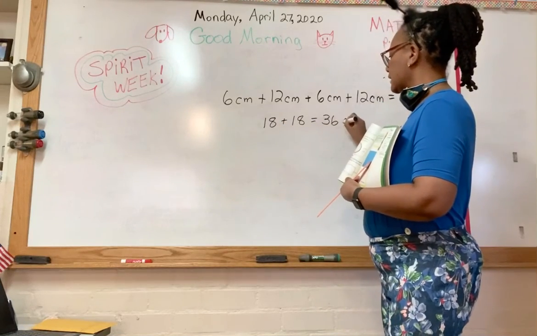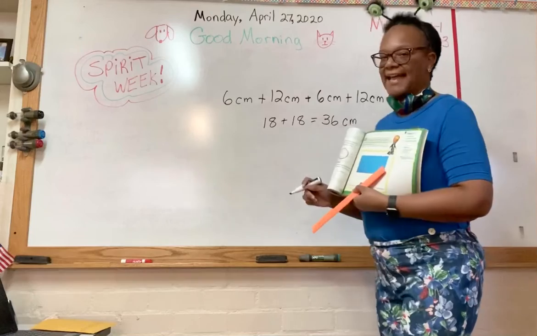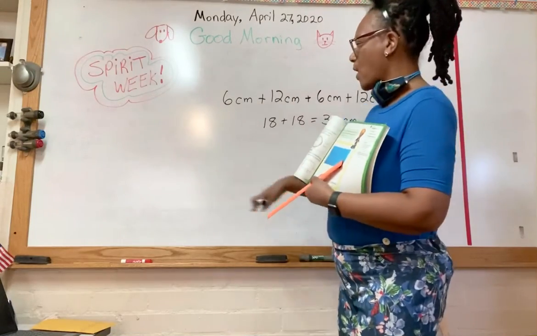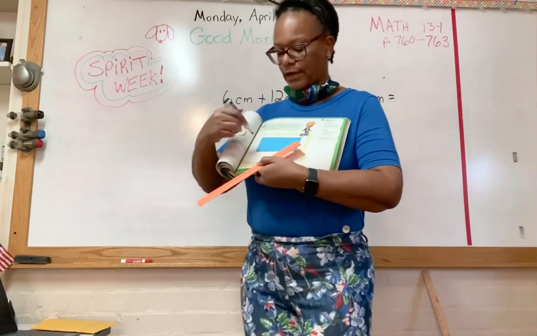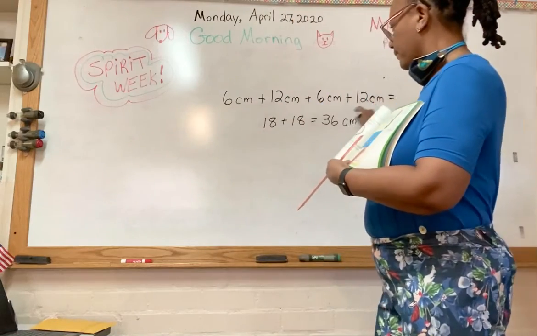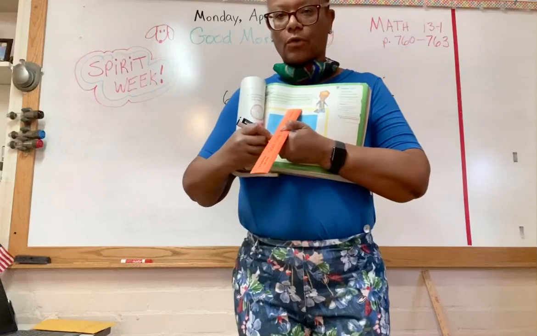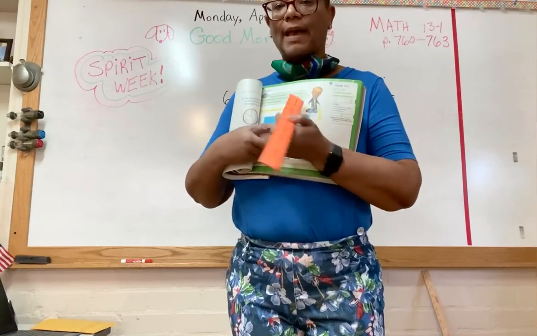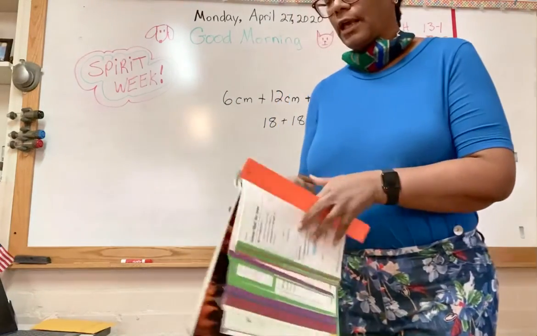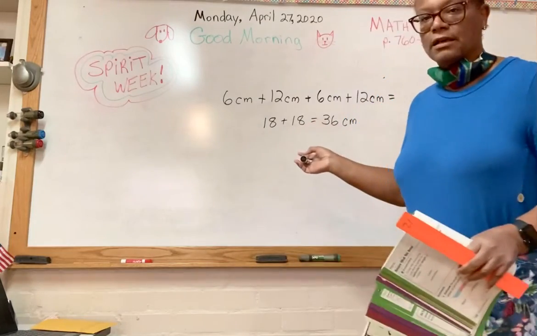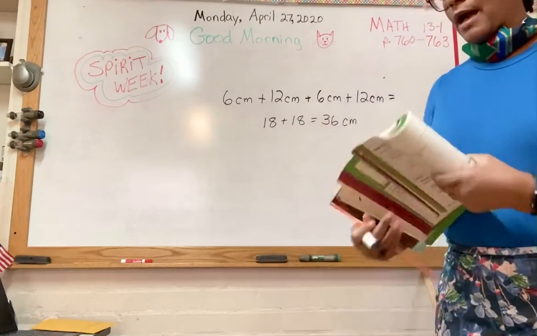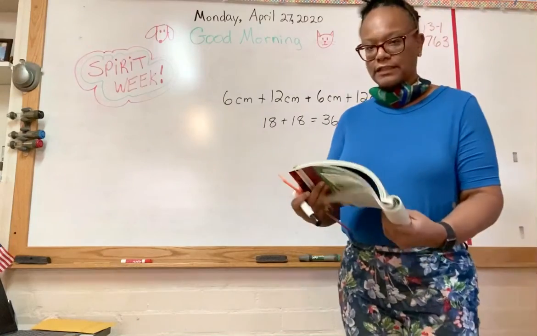So 36 centimeters. That is the distance around the rectangle. All right? That was easy. So if you need to stop the video, go ahead and copy that. Stop the video and copy that. I'm going to go ahead to the next page.